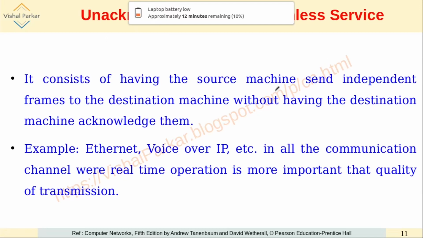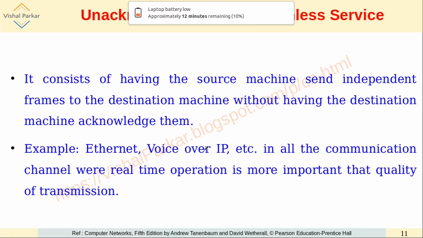For example, that may be the scenario in Ethernet or VoIP communication, voice over IP, where all the communication channels are basically operating in real time. So the time is more important than the quality of transmission. That's why these acknowledgements etc. are not that important.